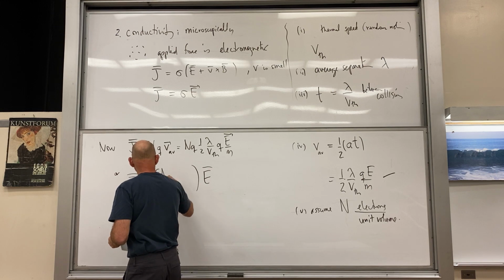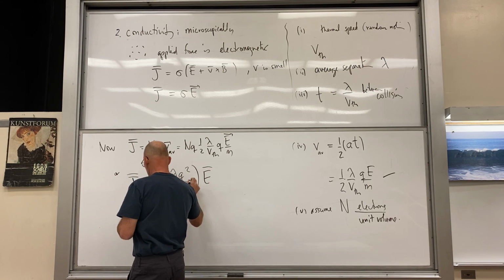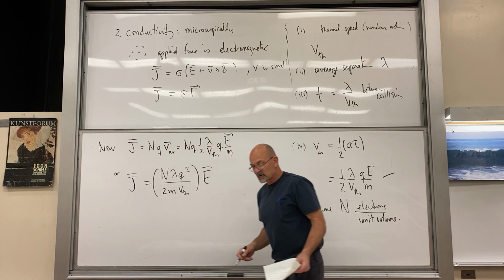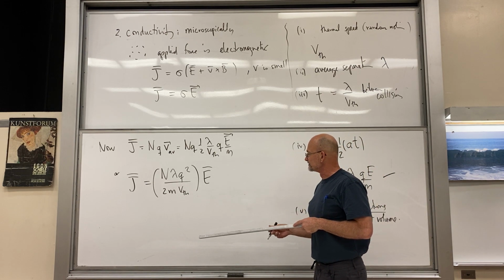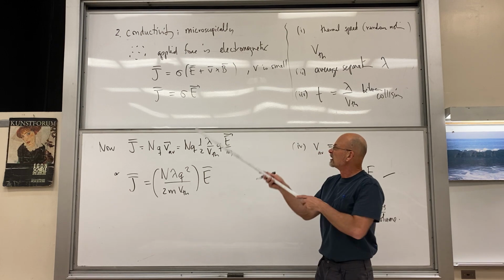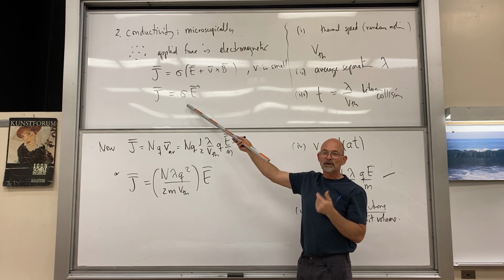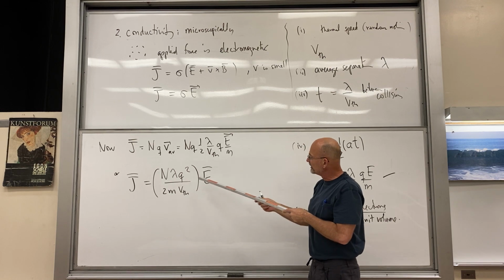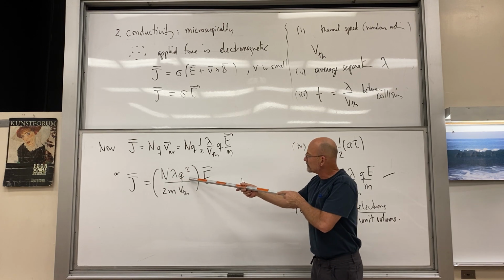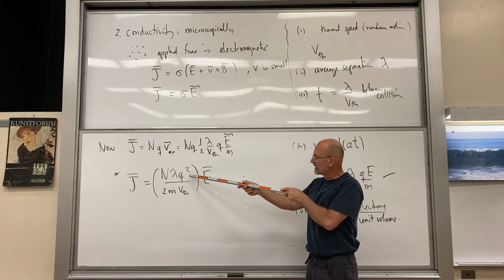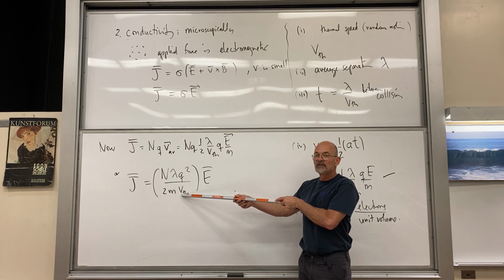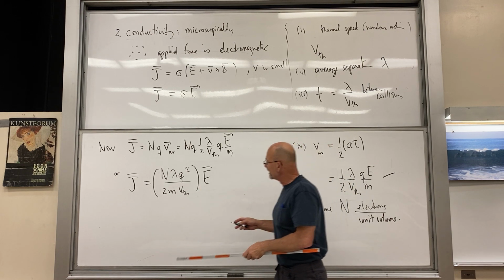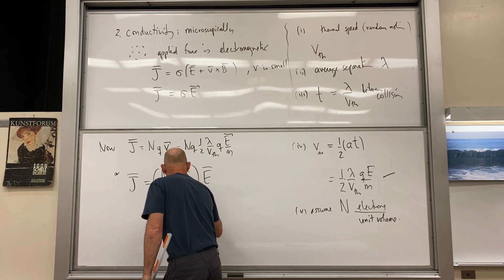So we have n lambda Q squared over 2m V thermal. This is a really interesting expression just on the qualitative side of things. As said before, for us it's just going to be a material constant, so it's just a number. But its behavior is interesting. We see that it depends on the number of charge carriers, which is the electrons, and depends on this thermal speed, so there's a temperature dependence in here.